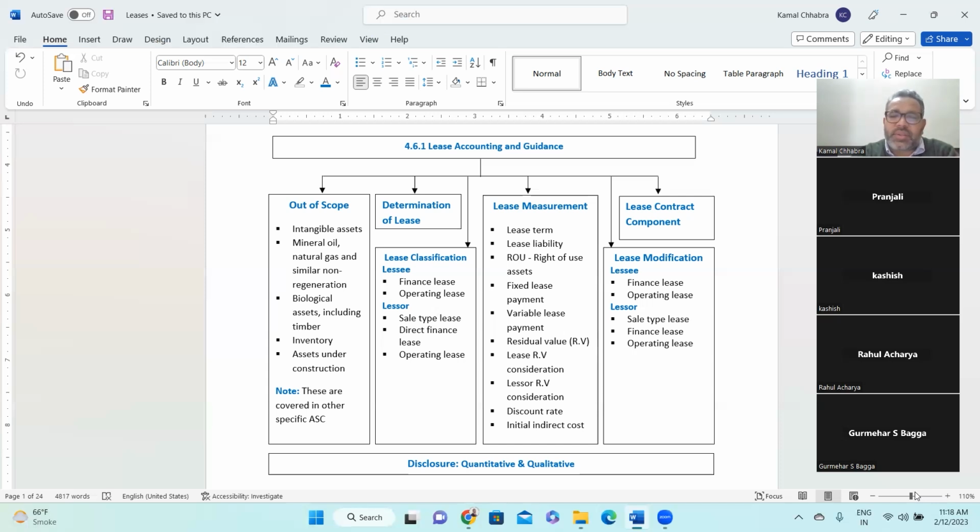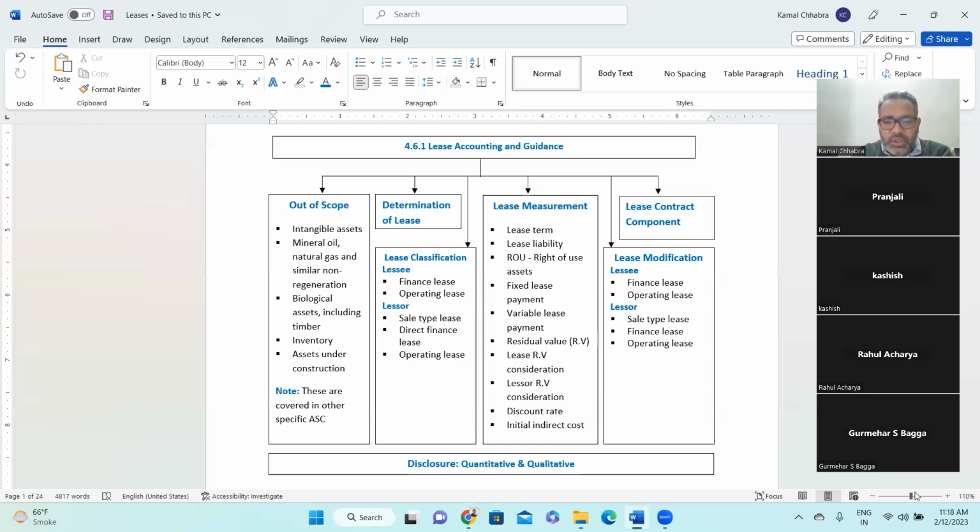Then the first concept we'll be understanding in lease accounting and guidance is the determination of the lease, whether an arrangement is a lease arrangement or not. And if it is a lease arrangement, then whether it's a short-term lease or a long-term lease, is it a finance lease or an operating lease, a sales type lease, direct finance lease or operating lease, all those things we'll be understanding in detail.